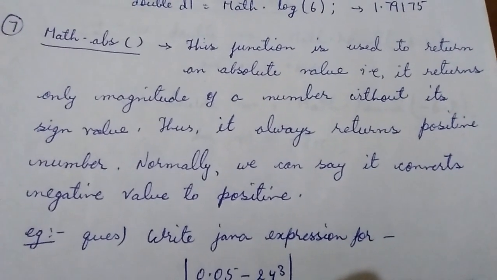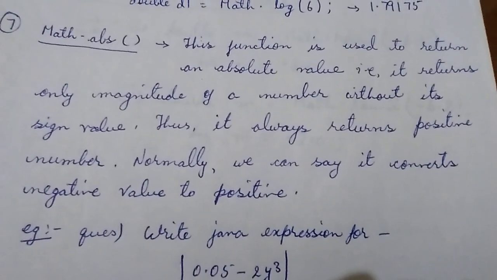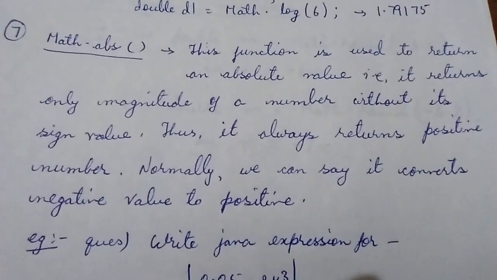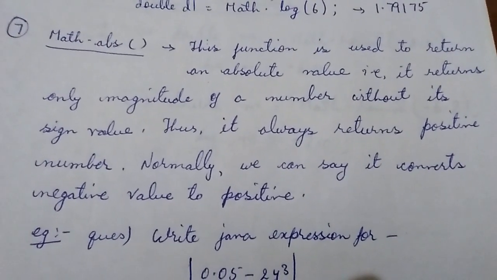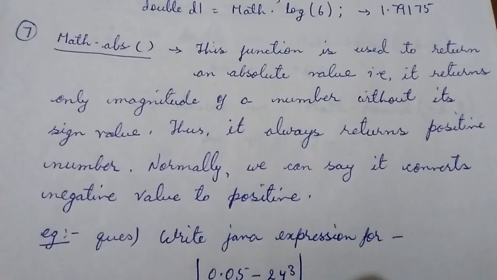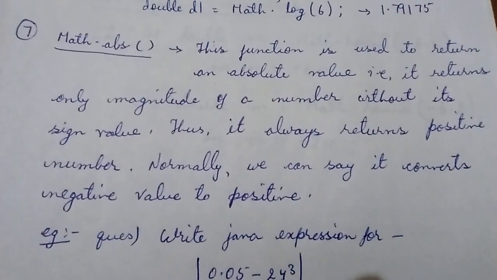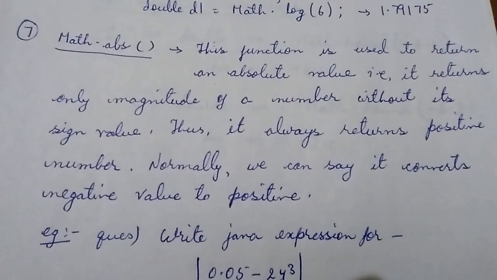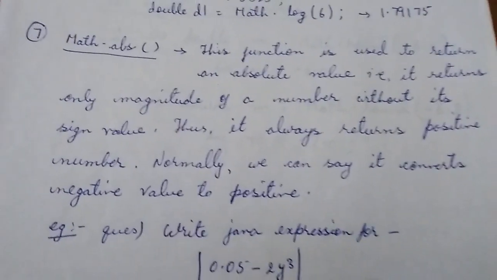Normally, we can say it converts a negative value to positive. It means if we have to show any expression or any number always in positive, or if it is negative and we have to convert it into positive, we make use of abs, absolute value.